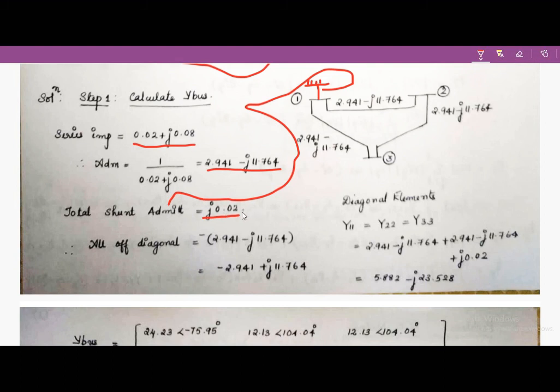So for calculating the elements Y11, Y22 and Y33, that is the diagonal elements, you will be considering this shunt as well. And all the off-diagonal elements you will consider in a similar fashion, just like the calculation of Y bus itself.